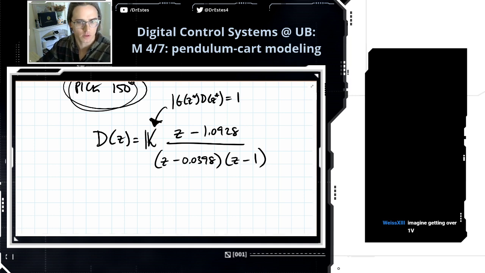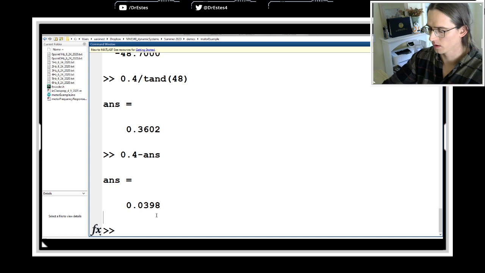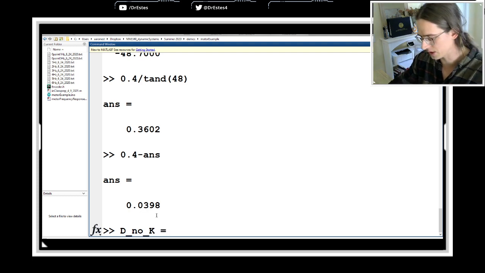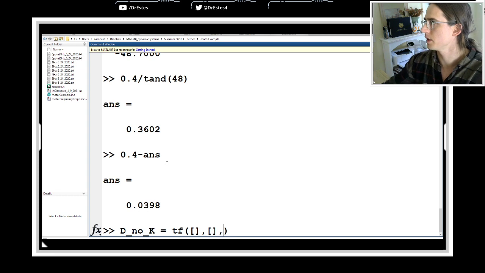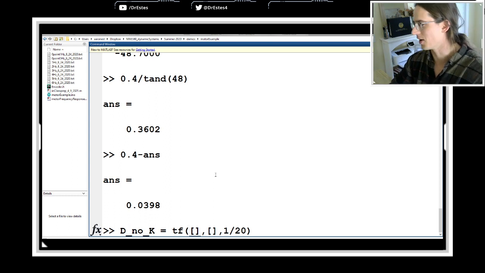All right, let's go over here. D with no K yet, or Donk. I'll just call it D no K for now, just to avoid any confusion. I'm going to make the transfer function numerator, denominator, sampling period, which is 1 divided by 20, aka Donk.